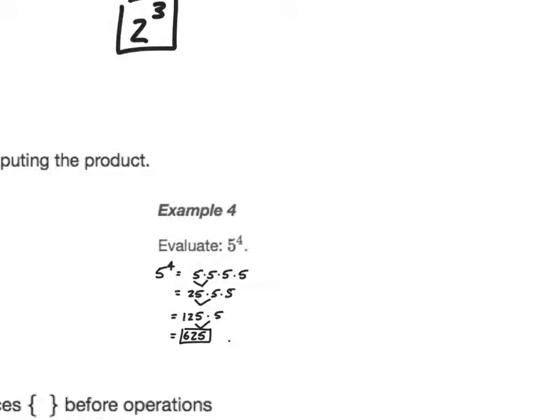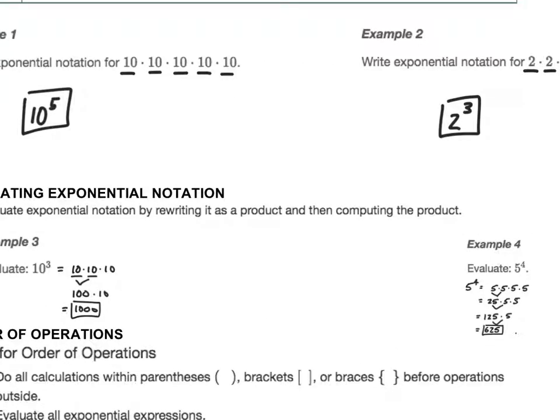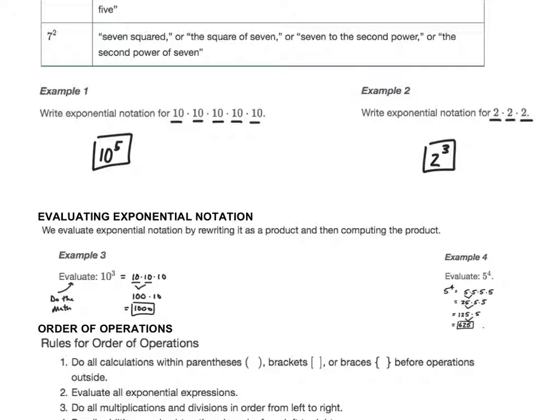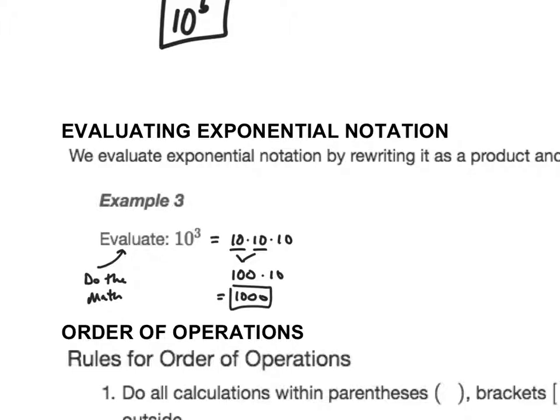Before I move on, what I want you to understand is that there are also ways of doing this on the calculator. To do 10 to the third on the calculator, you would simply type in 10 times 10 times 10 and see what you get, and you should get the same thing. We want you to be able to do them by hand, but it's always a good idea to check yourself with a calculator.